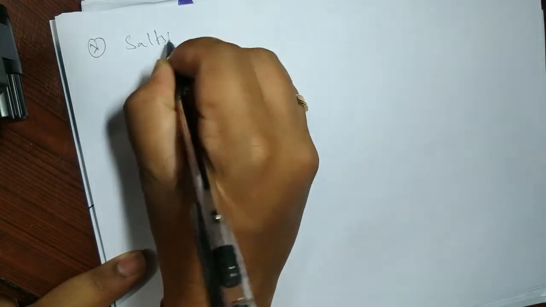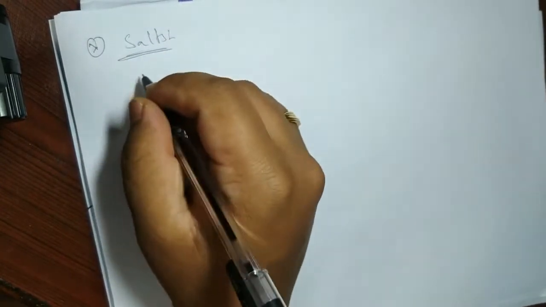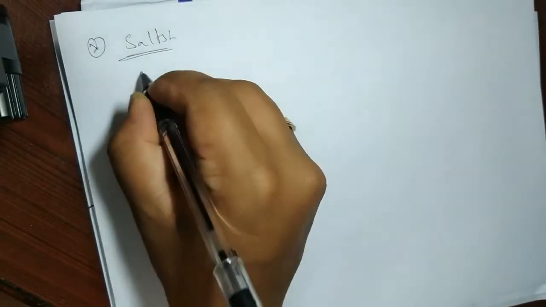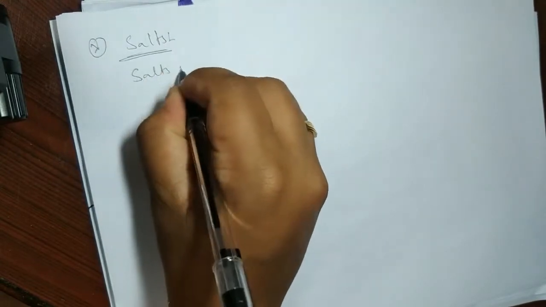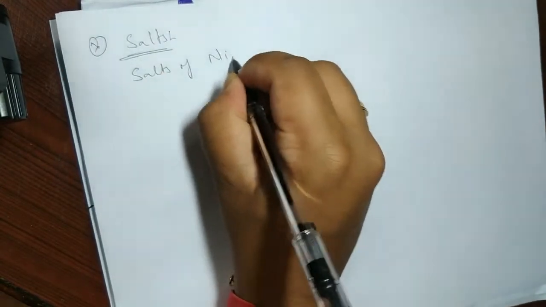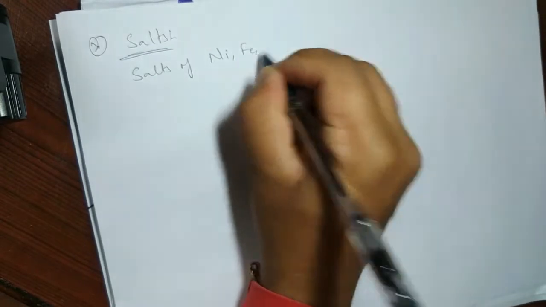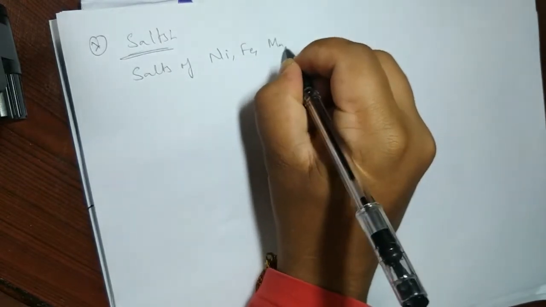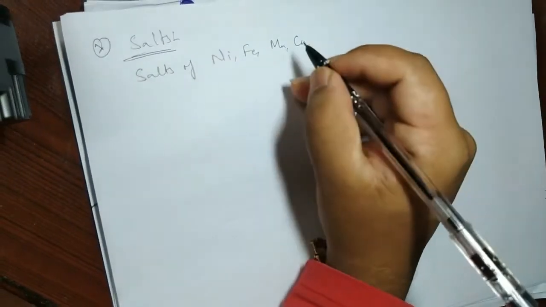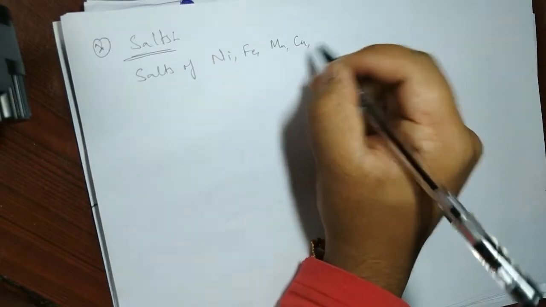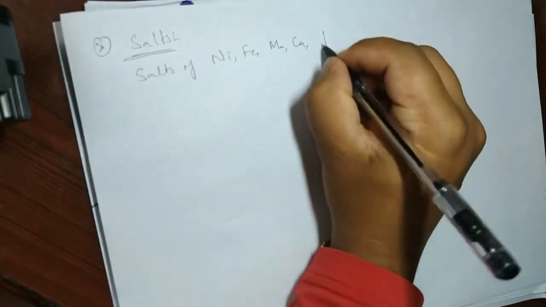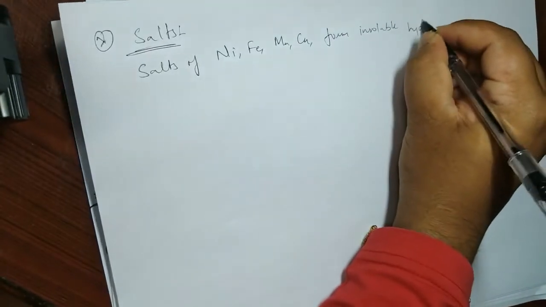Reaction with salts. So salts of nickel, then iron and manganese, copper, then somewhat zinc, they form insoluble hydroxides.